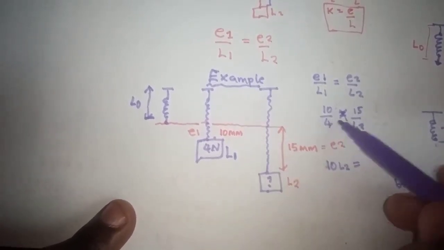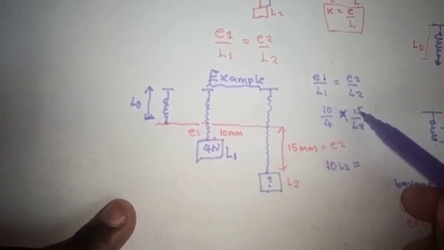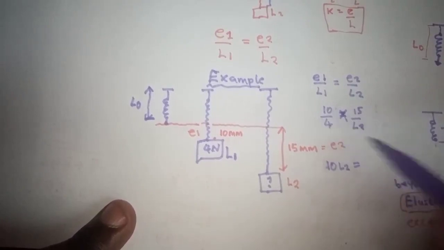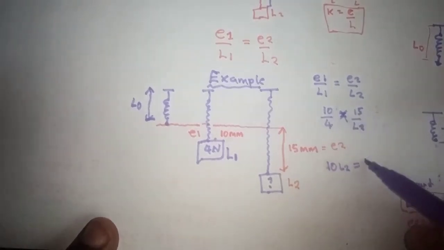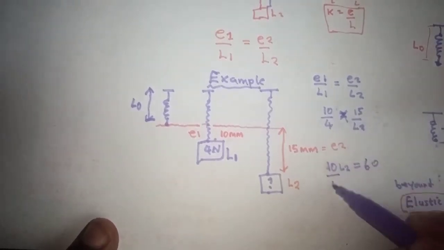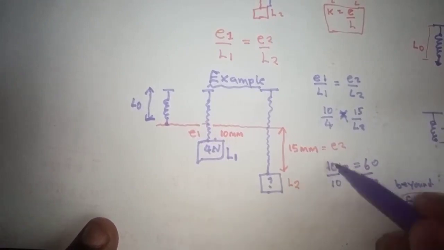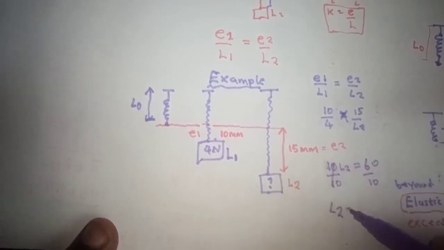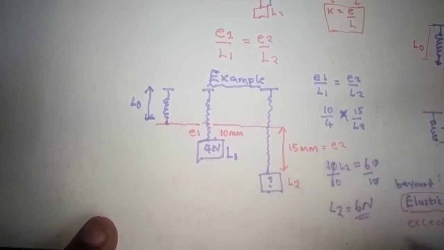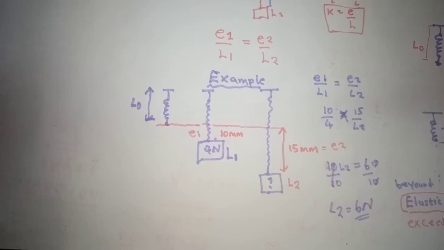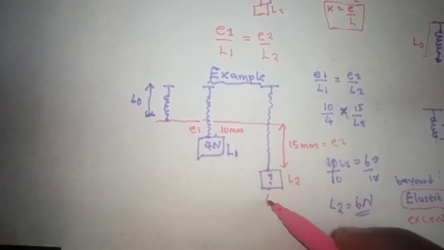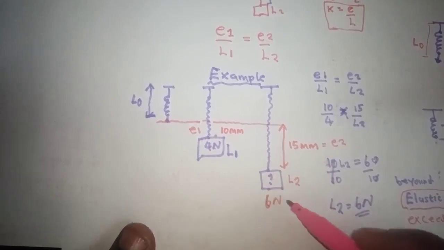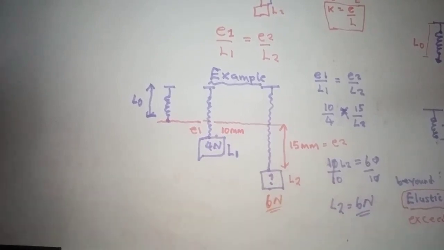So 4 times 15 gives 60. Divide by 10 on both sides, L2 is simply equal to 6. This is a load, so 6 newtons. The load is measured in what? In newtons, okay. So what was added is simply a 6 Newton load, okay.